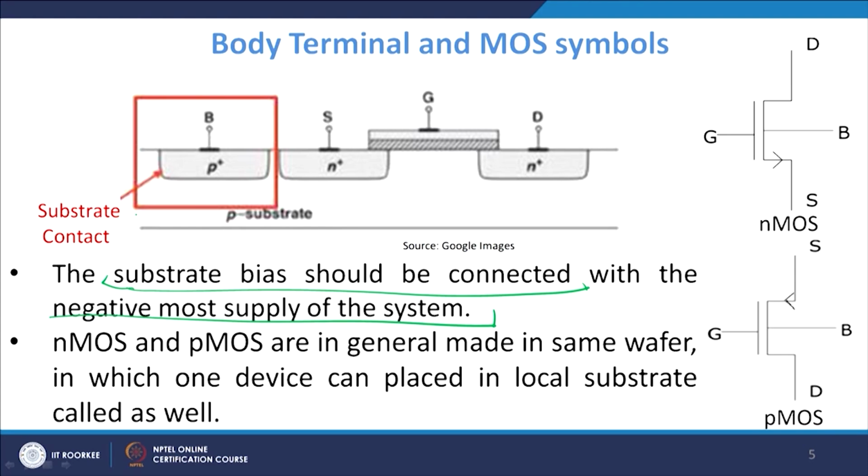And therefore, since NMOS and PMOS are made from the same wafer, one device can be placed in a local substrate called a well. So, I have a well structure, this is the well which you see in front of you. In the well we have an N plus region, so this is basically NMOS, and you have a substrate contact here, which is the fourth contact.